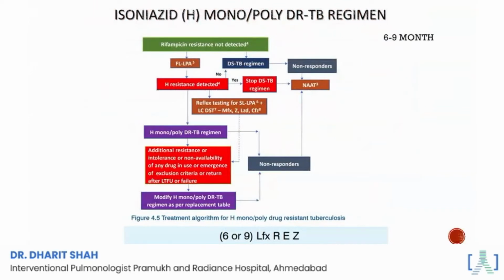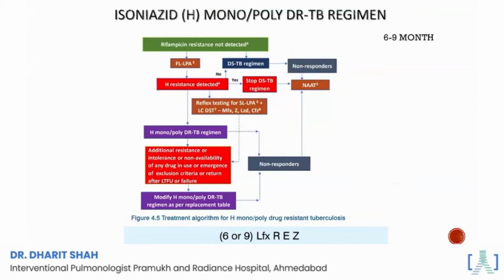Firstly, we can discuss the isoniazid H-mono regimen. If your patient has rifampicin sensitivity and isoniazid resistance on LPA, we can start the H-mono regimen with the help of rifampicin, ethambutol, pyrazinamide plus levofloxacin, which is a fluoroquinolone.